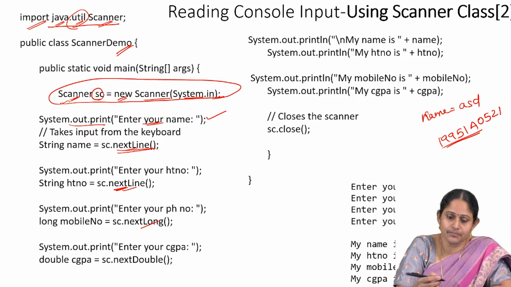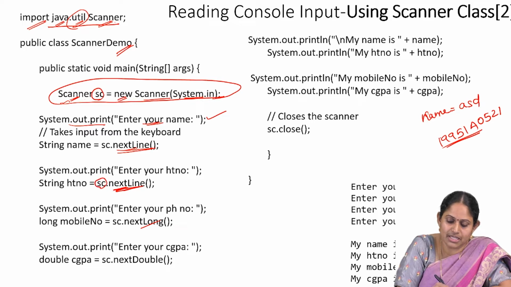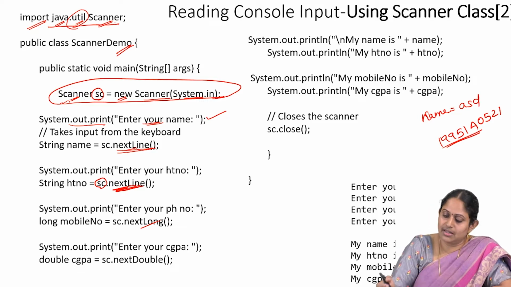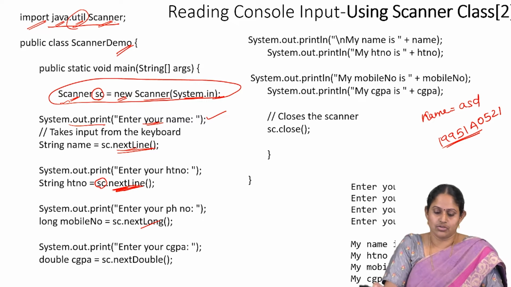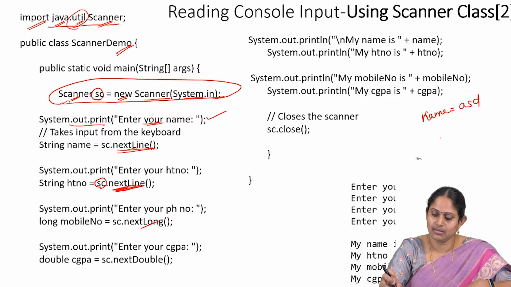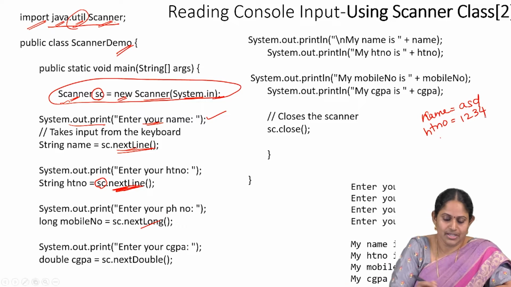To read a string, we use the nextLine method. So using the object, we call the nextLine method to read the hall ticket number. We read the hall ticket number as 1234. So into the HT number, we have 1234 stored.